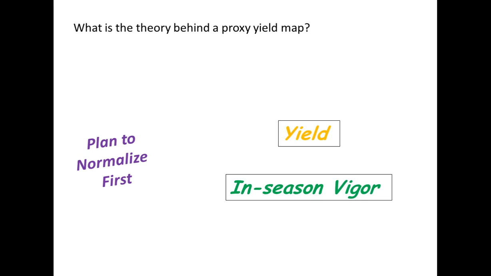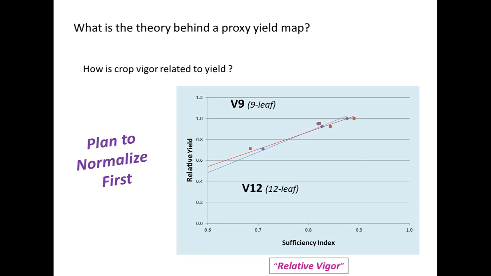change the values that we're seeing, what we've come to realize is that it's really important to normalize this information first. And I show you one example here of how relative crop vigor, and we called it sufficiency index here in this case, is related to relative yield.